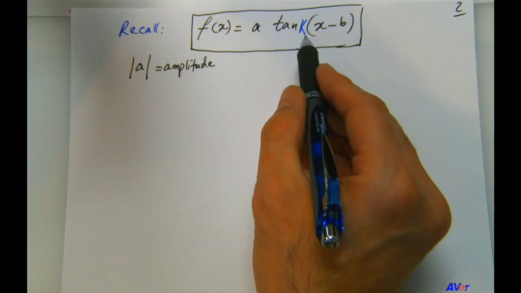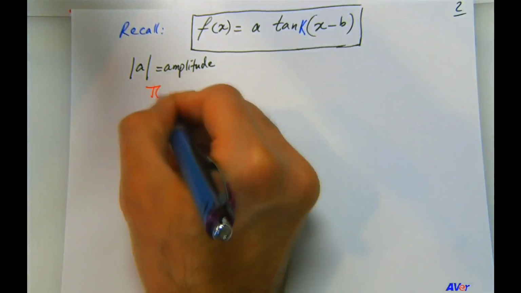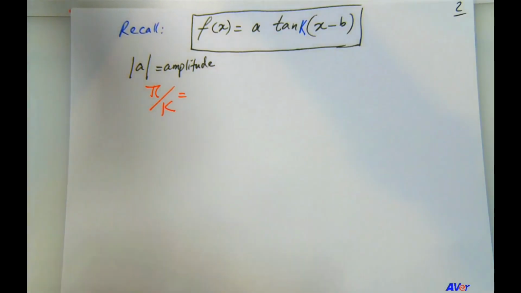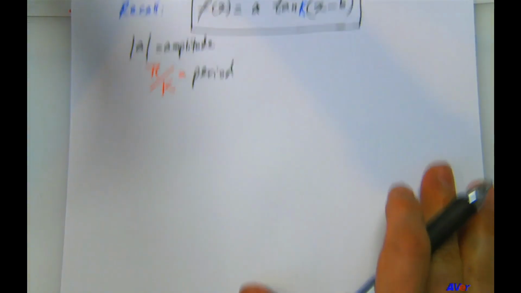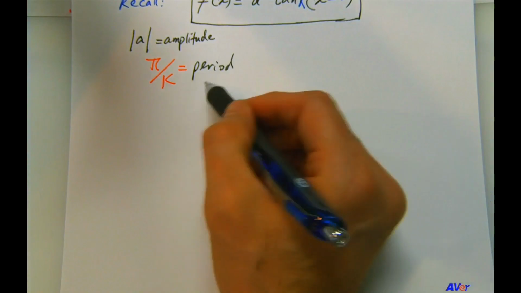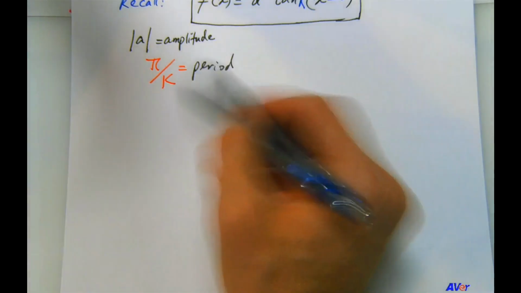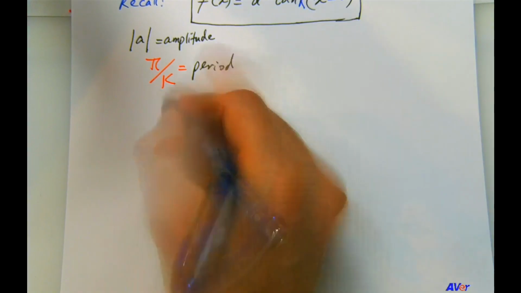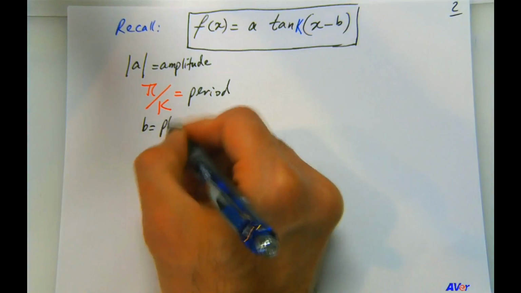And k, okay, so the period of the tangent function is pi over k, not 2 pi over k. Pi over k is the period, and this is the distance over which the function goes through one full cycle. And the next one, b, of course, is the phase shift.